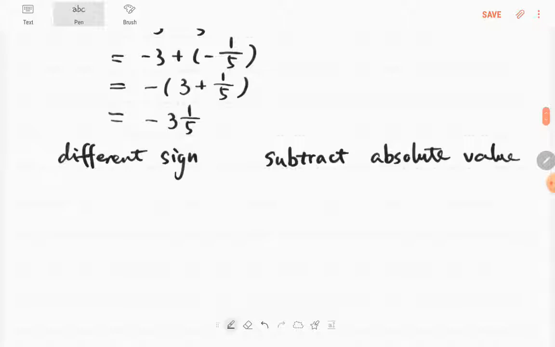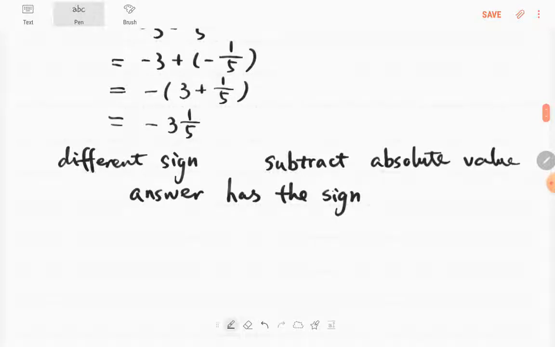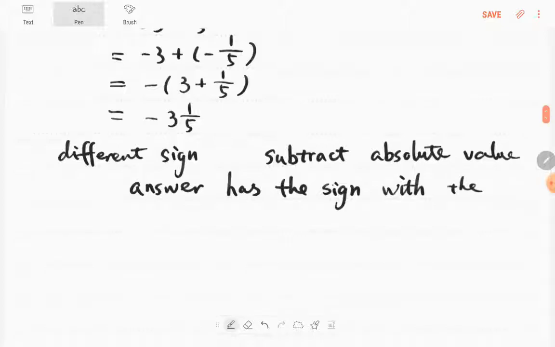Then the answer has the same sign as the number with the larger absolute value.